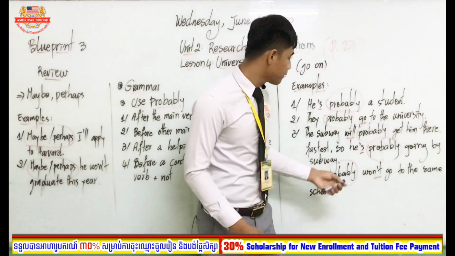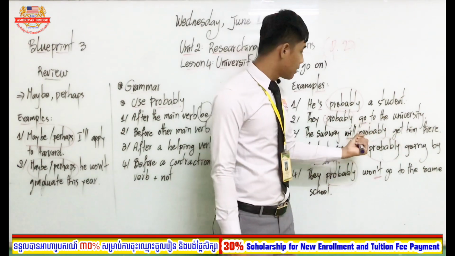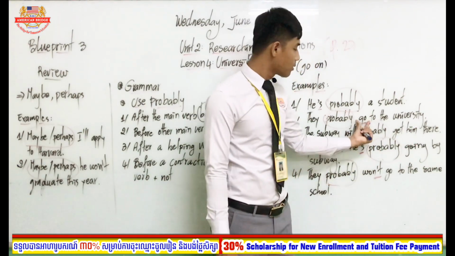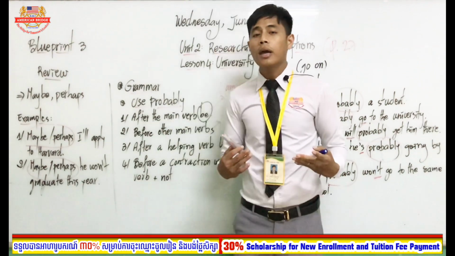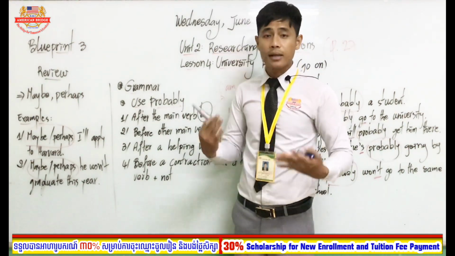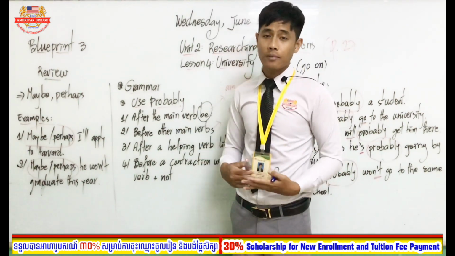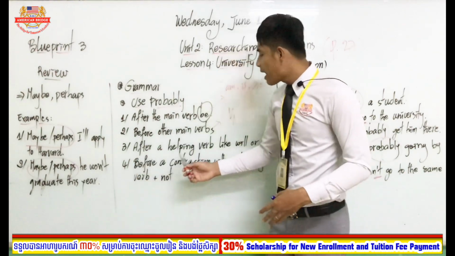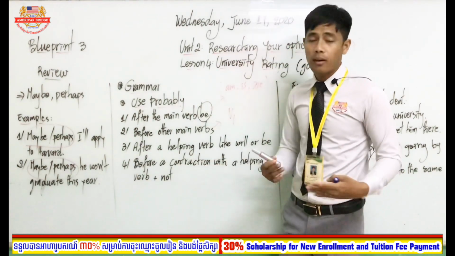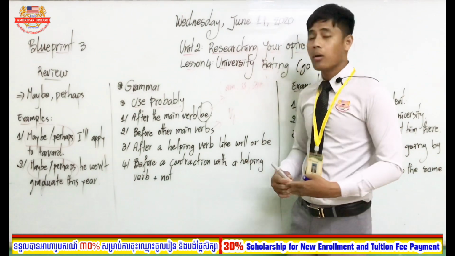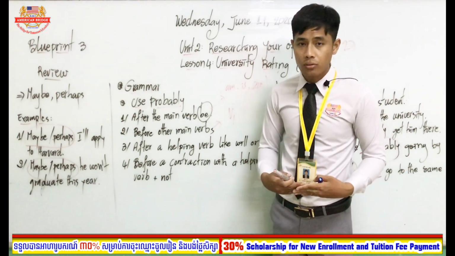As you can see here, the verb go. So it is used after the subject, right? Number three, after a helping verb like will, be, do, have also.